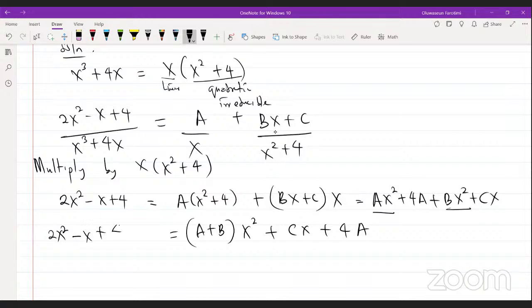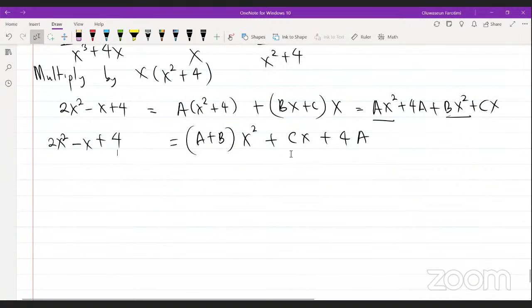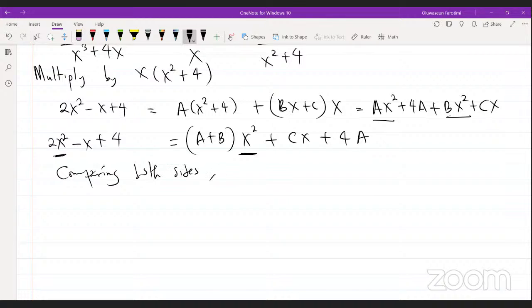Take a look at this part carefully, guys. Remember, it's irreducible, so you cannot think about the idea of setting Q equals 0. But what can I say? I need to compare both sides. This side has x squared, this side has x squared. Comparing both sides, you have A plus B equals 2.